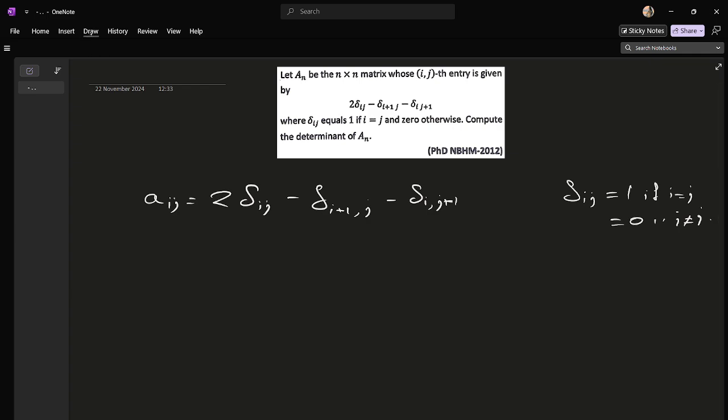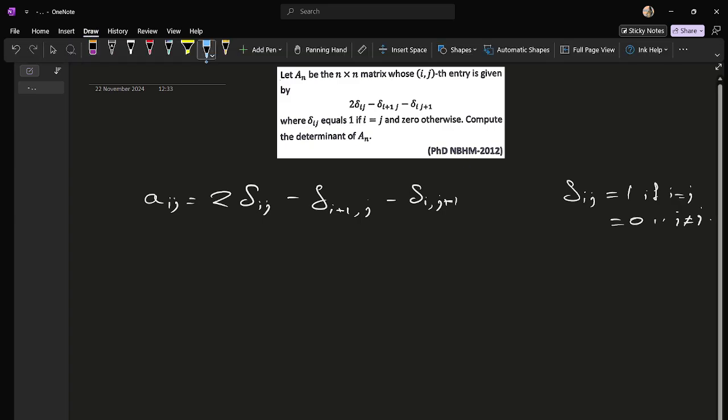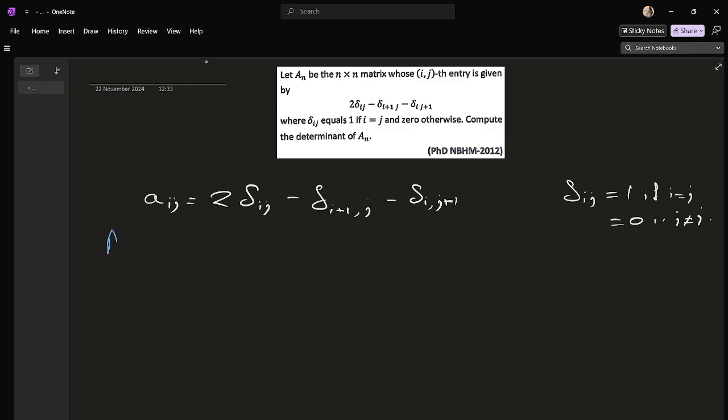Firstly, we are trying to draw the matrix. Let us take a 2 cross 2 first. Then the first entry will be a11. Here delta_11 is 1, so it is 2 minus 0 minus 0, which is equal to 2.